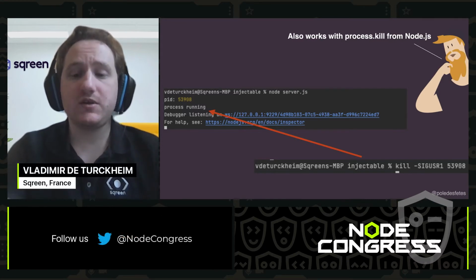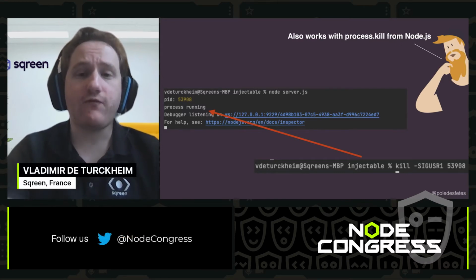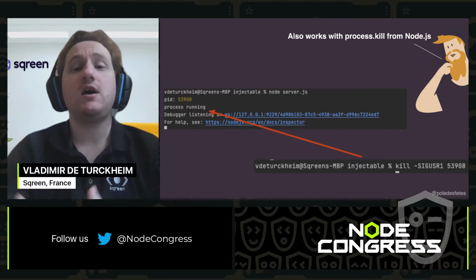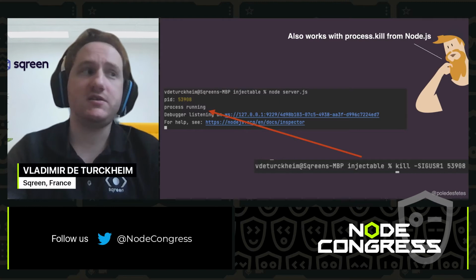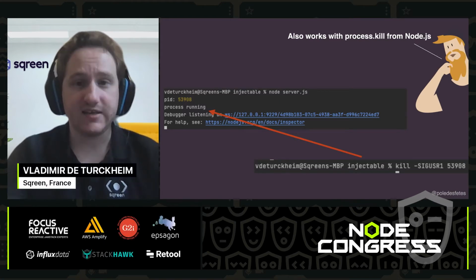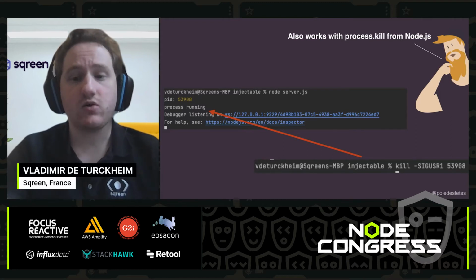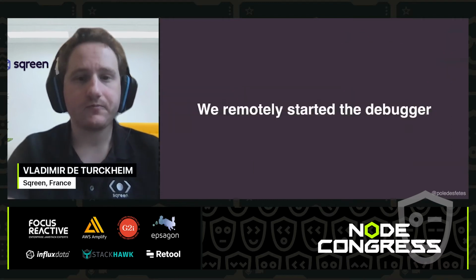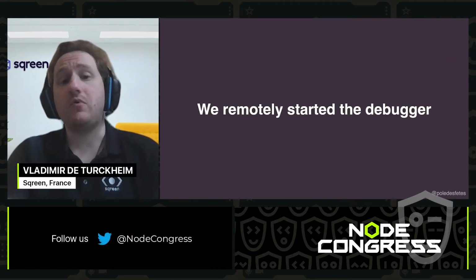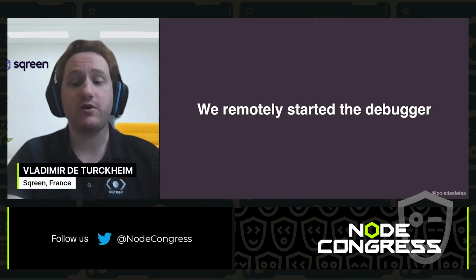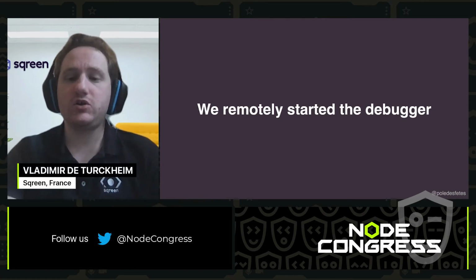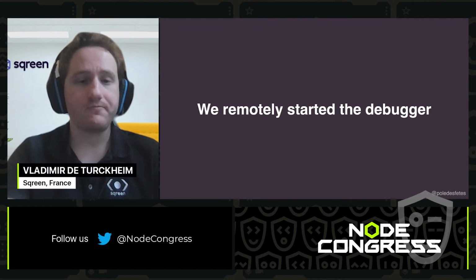This can also be done programmatically from another Node.js process using, you guessed it, process.kill. process.kill accepts a signal and a PID and sends a signal to another process.